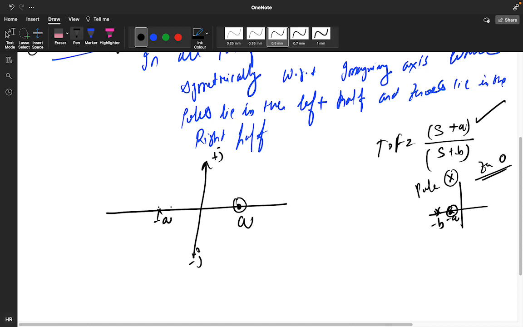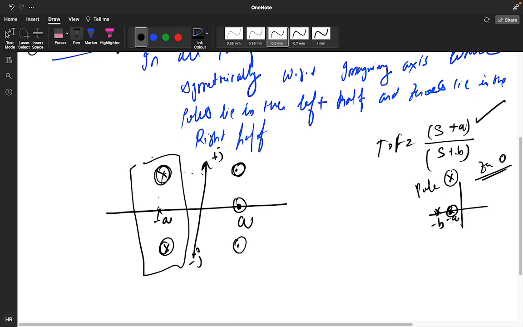If you are getting poles particularly at this axis, the zero should also be here. Suppose you are getting poles at this axis, so the zero should also be present at this axis. So for all the poles you will get zeros on the opposite side, symmetrical.